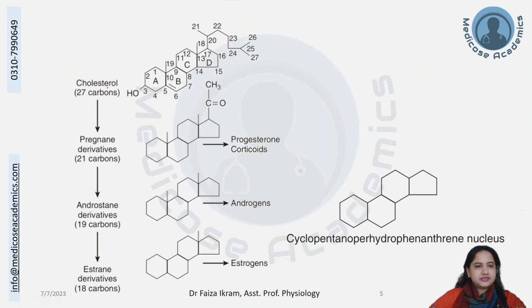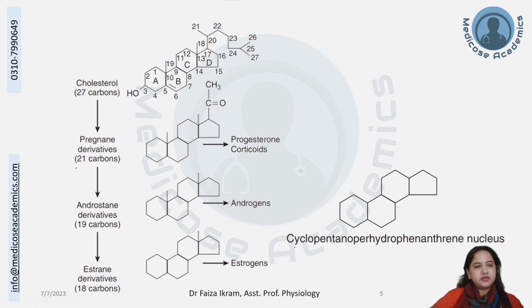Cholesterol is the precursor which can be converted into mineralocorticoids, glucocorticoids, or androgens in various layers of the adrenal cortex, as shown in front of you. All the steroid hormones have the cyclopentanoperhydrophenanthrene nucleus, and with a little bit of variation, different types of steroid hormones are produced.